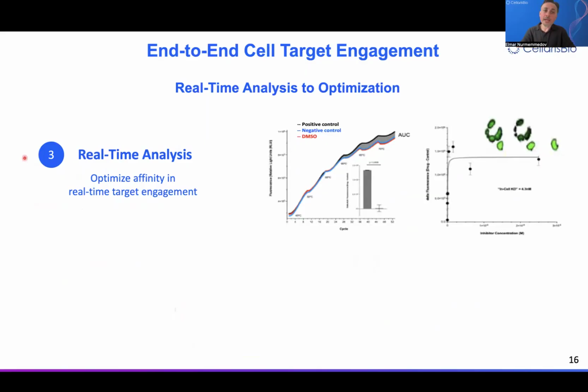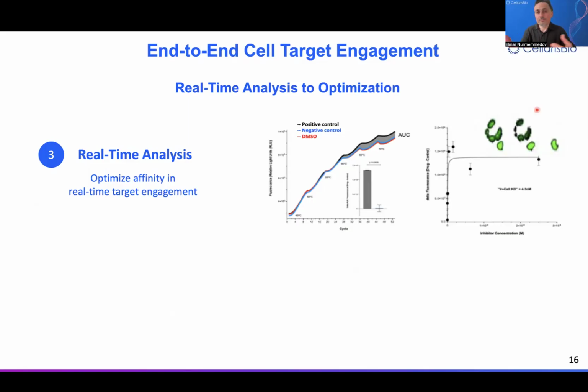You can go ahead and do real-time cell target engagement to understand the full mechanistic depth of that engagement in the cell across multiple temperatures. And you can also add optionally live cell imaging to gain more mechanistic insight into how the target degrades or stabilizes or redistributes itself inside the cell.